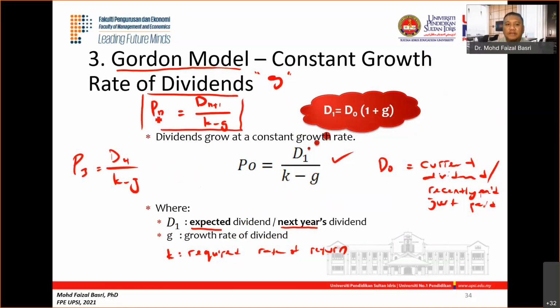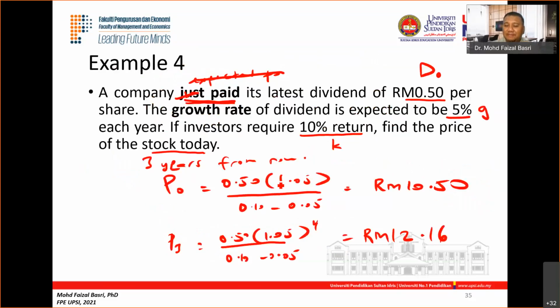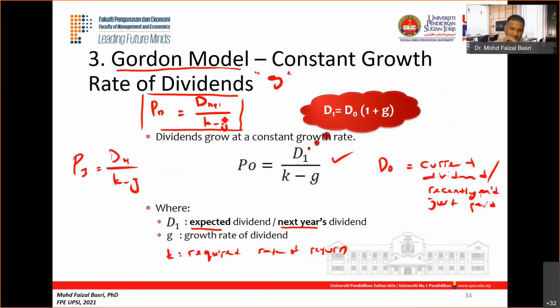So P3, P4, P2, P6, whatever, you can find the price for the future simply by adding n plus 1 to the dividend. And when I said plus 1, it's not the value plus 1. It's not 50 cents plus 1. It's not 1 ringgit 50 cents. No. What we add 1 to is the value of n.